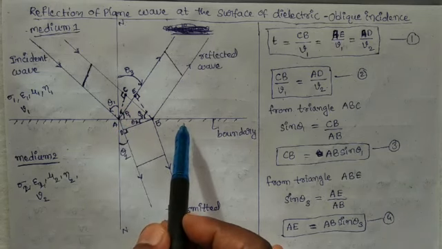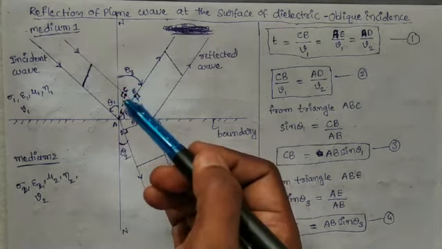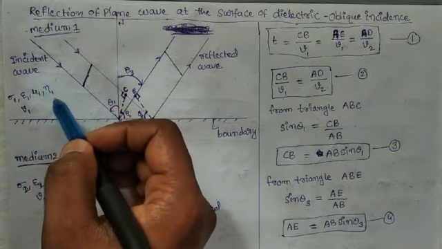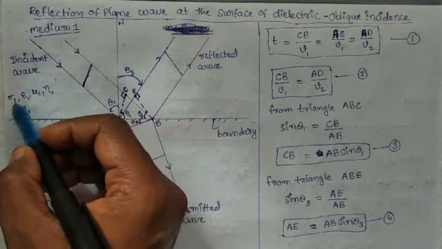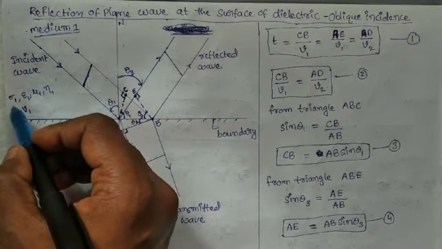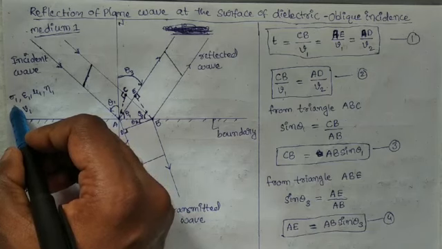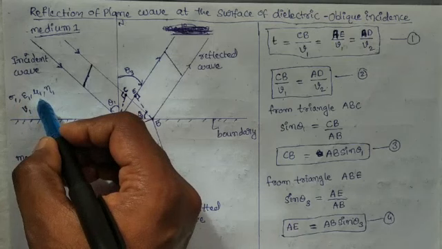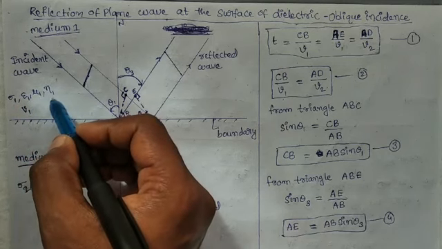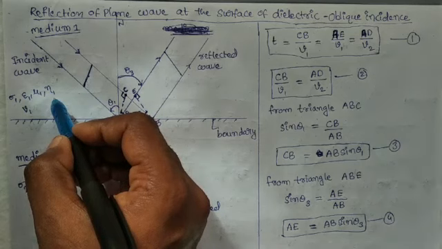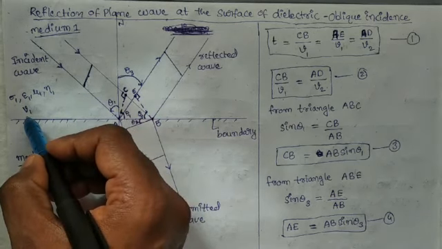Next, medium 1 has the parameters: conductivity of medium 1 is sigma 1, permittivity is epsilon 1, permeability is mu 1, intrinsic impedance or characteristic impedance is eta 1, and v1 is the velocity of propagation.